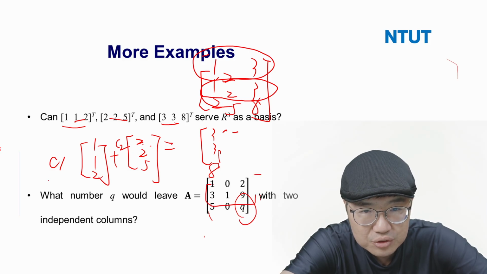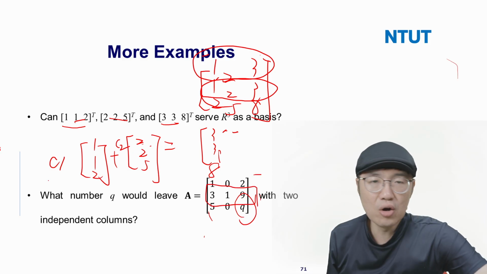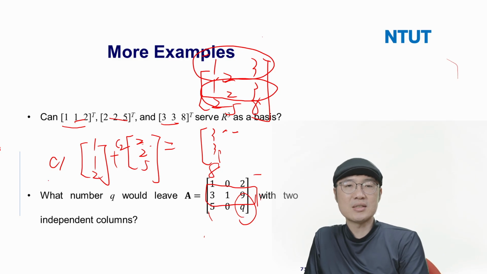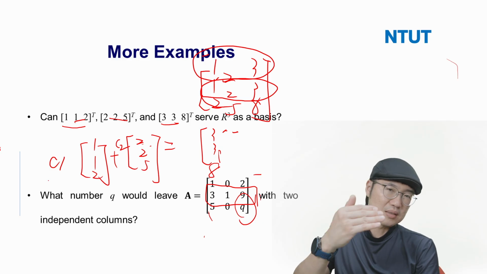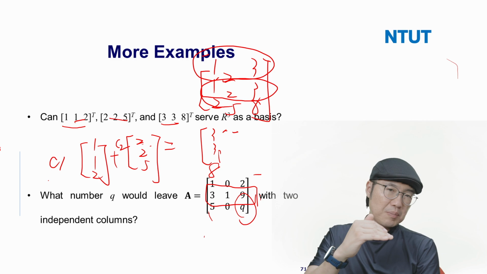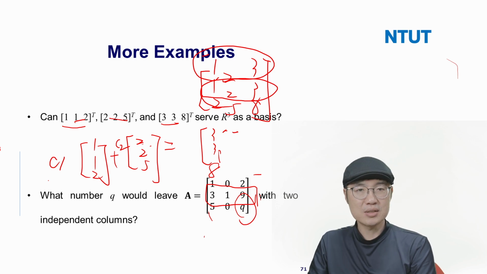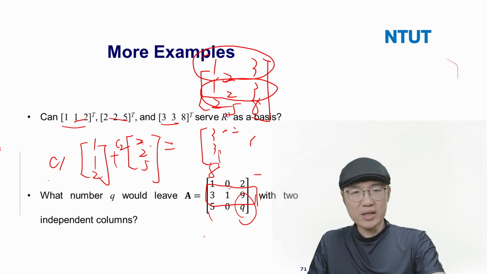The second row already takes one independency. You cannot have something other than 0 to make the three rows combine into 0. This is the only non-zero element where the first row and the third row both have a 0.